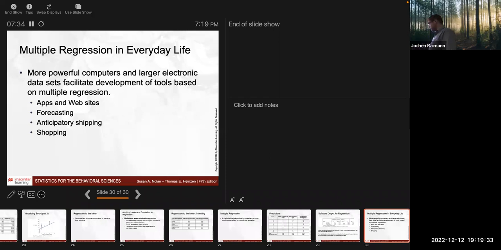You have apps and websites, forecasting, anticipatory shipping and shopping. Every app on your phone uses some form of logistic regression or multivariable regression model to predict what you will be clicking next, and it does that to optimize its performance. You have forecasting of various parameters, be it weather, stock market, or whatsoever.